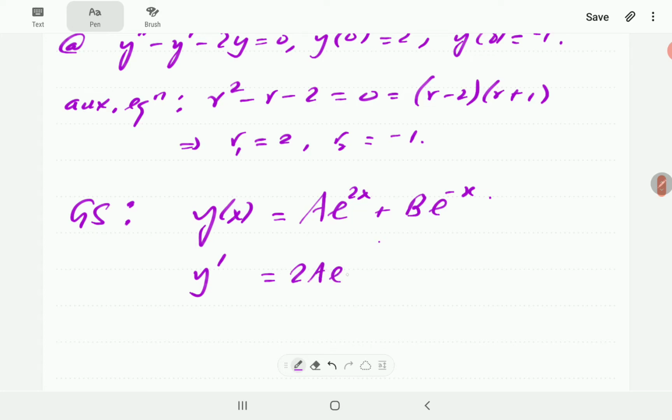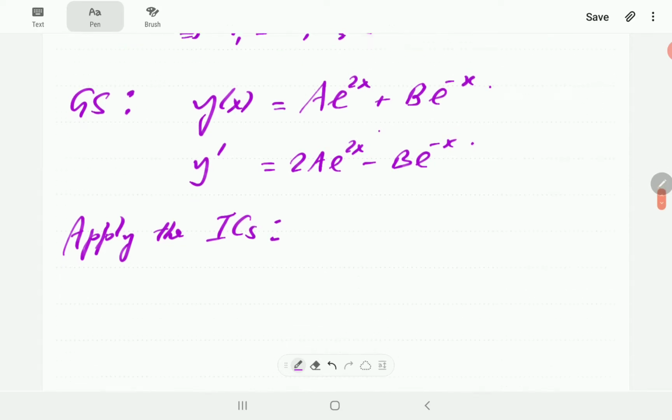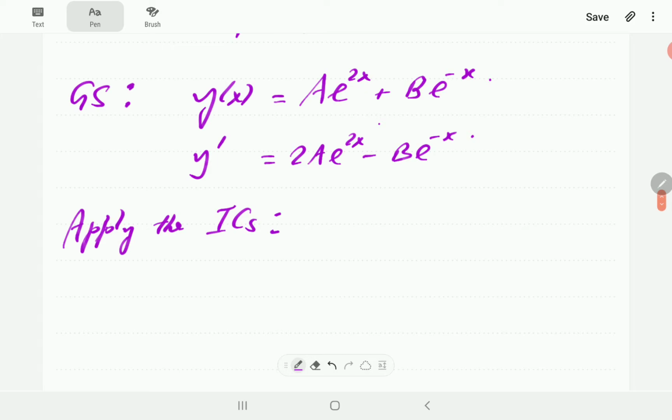It's going to be 2A e to the 2x minus B e to the minus x. After that we're going to apply the initial conditions.